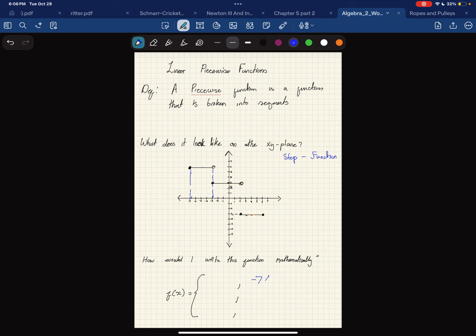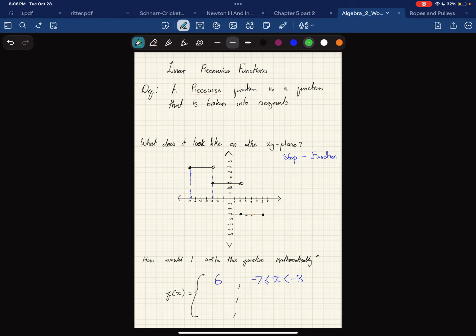Yes, I am. So my x values are all greater than or equal to -7, but they'll all be less than -3. Then what's the output of the function in this domain? It's 6.